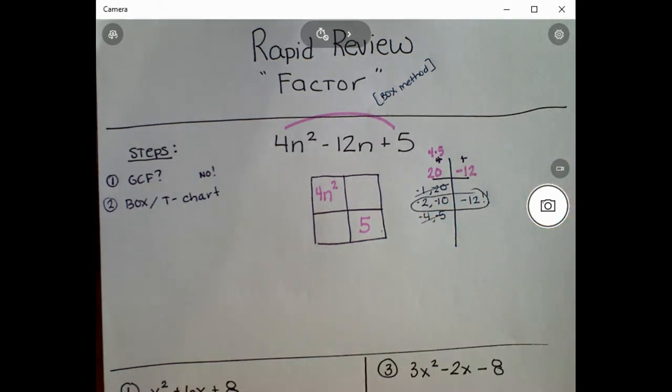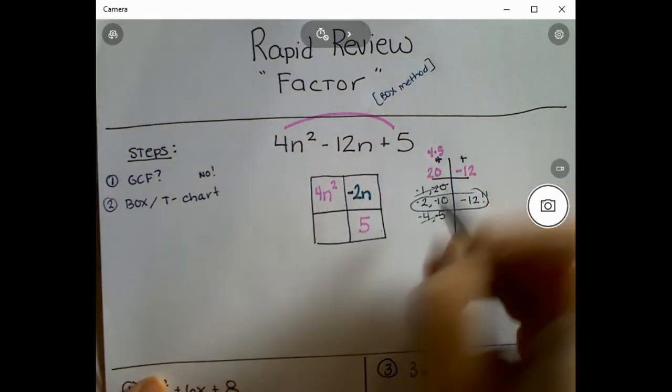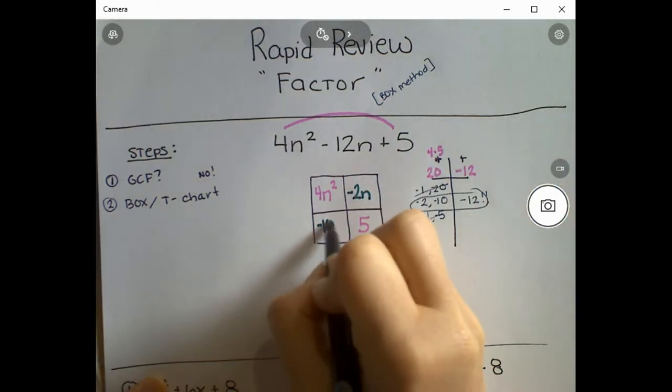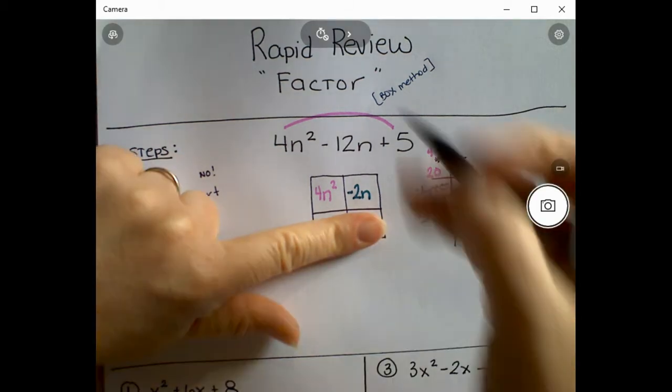So what you're going to do is fill them into the chart. Negative 2n from here, negative 10n from there. All right, and now we're going to use the GCF to find the terms for this. So we're going to look at this row.